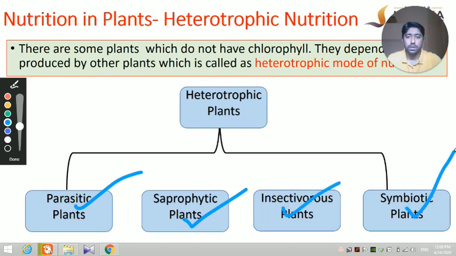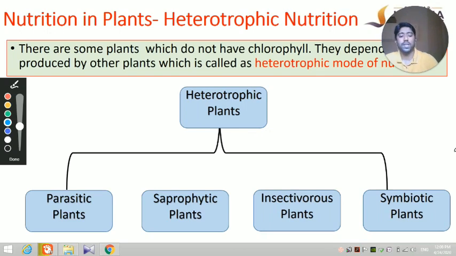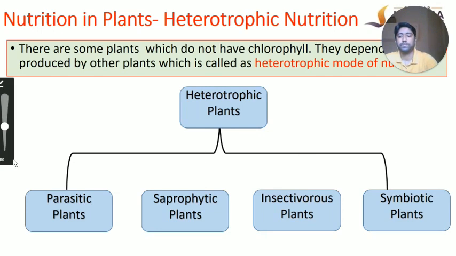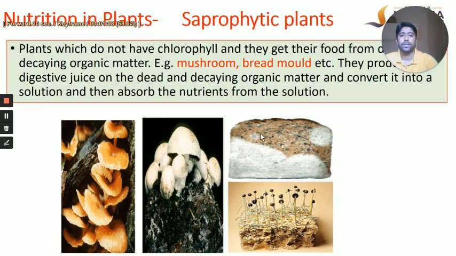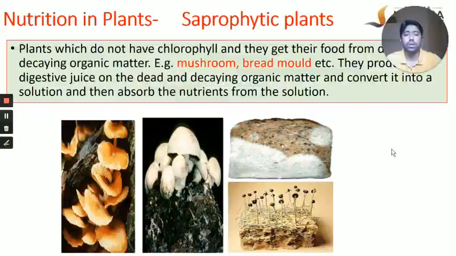So the heterotrophic group of plants are divided into four basic types: parasitic, saprophytic, insectivorous and symbiotic. We will understand what this means. First, let us see what are saprophytic plants. Plants which do not have chlorophyll, and they get their food from dead, decaying organic matter.